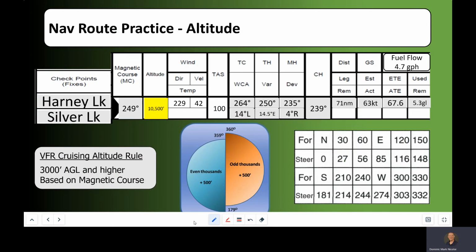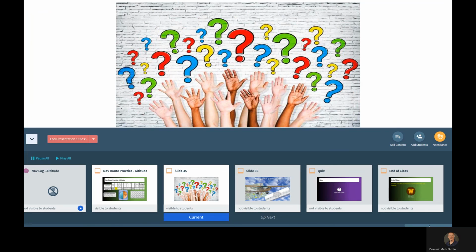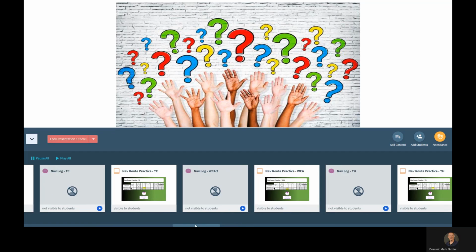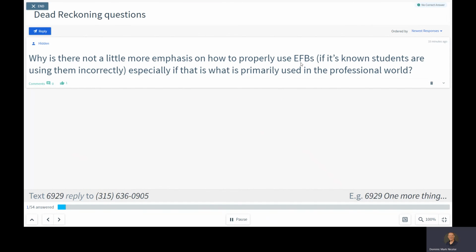You got questions? Using electronic flight bags. Why is there not more emphasis on how to use an EFB? Students using them incorrectly. That's your instructor's responsibility to make sure you know how to use it.